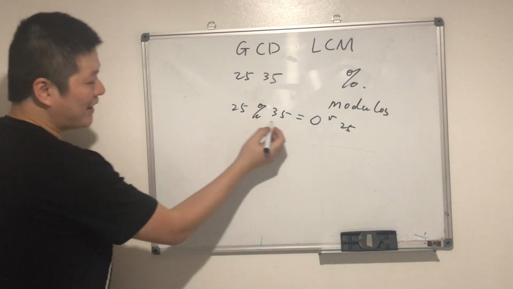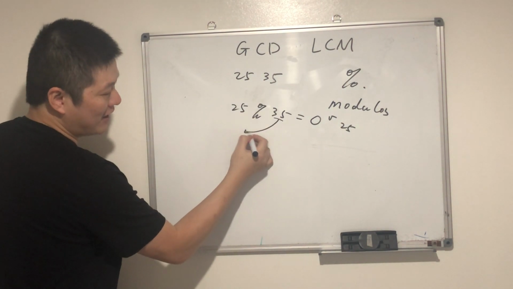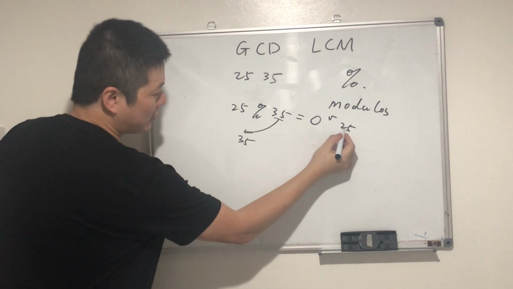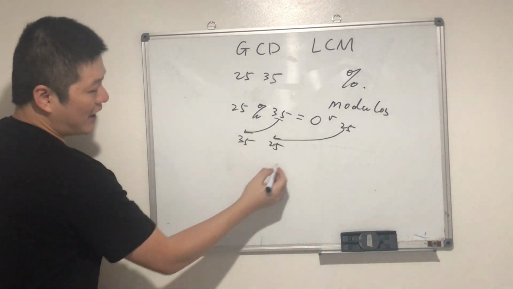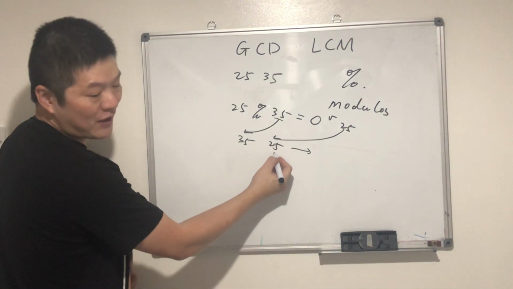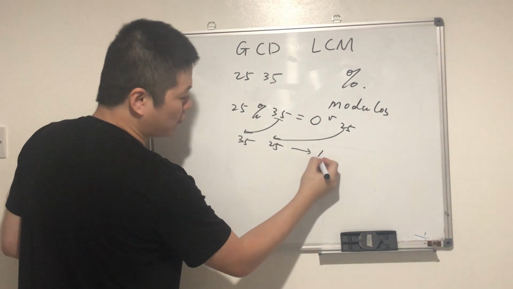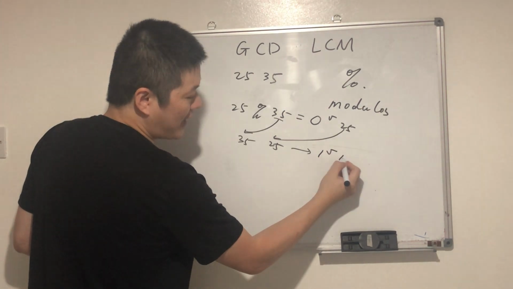And then we move this 35 here, and we move this 25 here. Then, 35 divided by 25 equals 1, remainder 10, right?